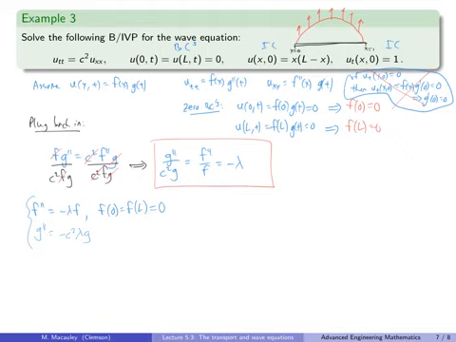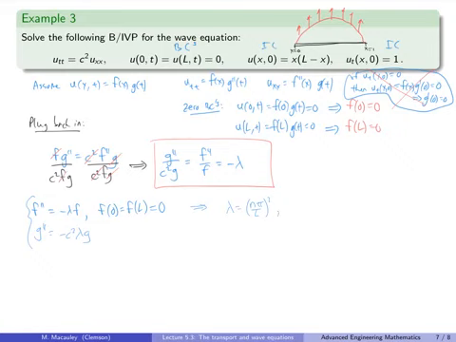Okay, so we know how to solve these. This first one we are very familiar with. Again, if you have not watched the lecture on boundary value problems, please do that. So we know that lambda equals (n pi over L) quantity squared.